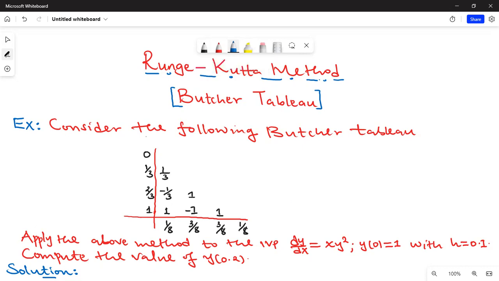To the right of the vertical line, the first column gives the coefficients of k1, the second column the coefficients of k2, the third column the coefficients of k3, and the fourth column the coefficients of k4.